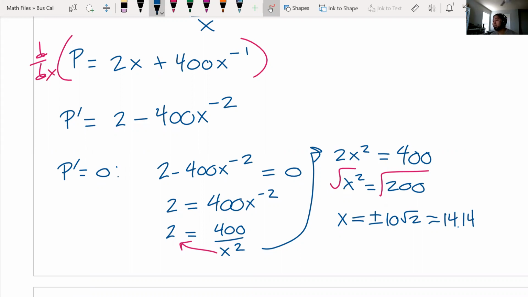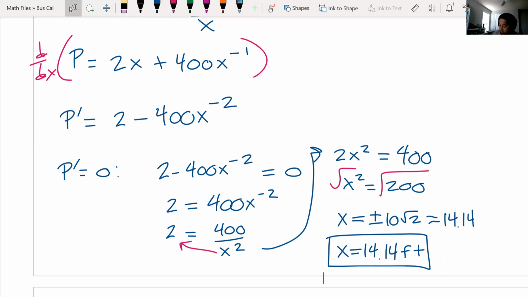And remember, since we're dealing with length, we can't take a negative measure. So our answer here is x is 14.14 feet. So this would be considered our critical number. This is where a maximum or a minimum is going to happen.